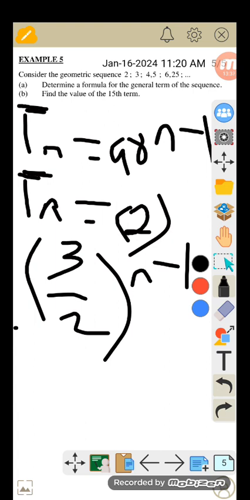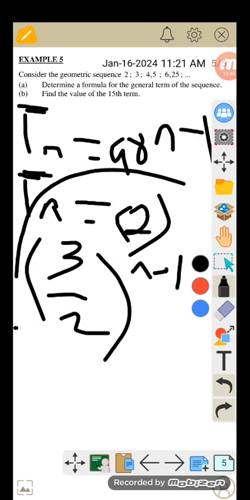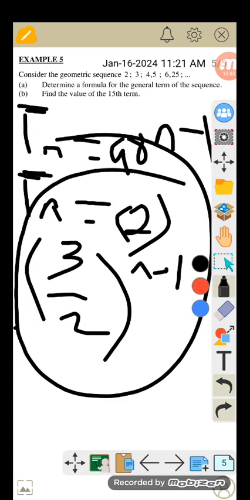Just like that. This is my formula for the Tn.